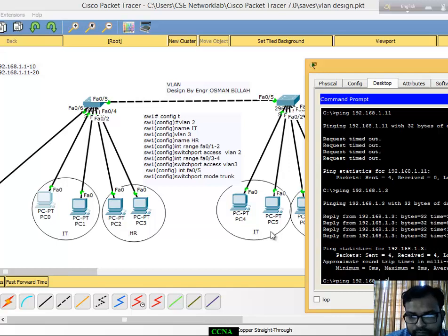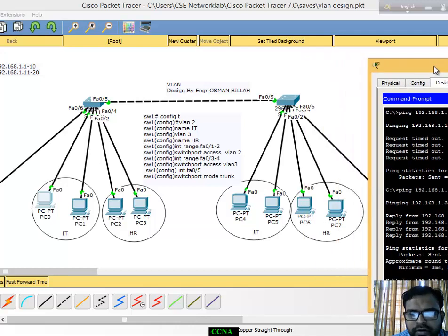So 3, 1, 2, 3, 4. Same department. 5, 6. Okay. 3, 4, 1, 2. Okay. 11, 12, 13, 14.